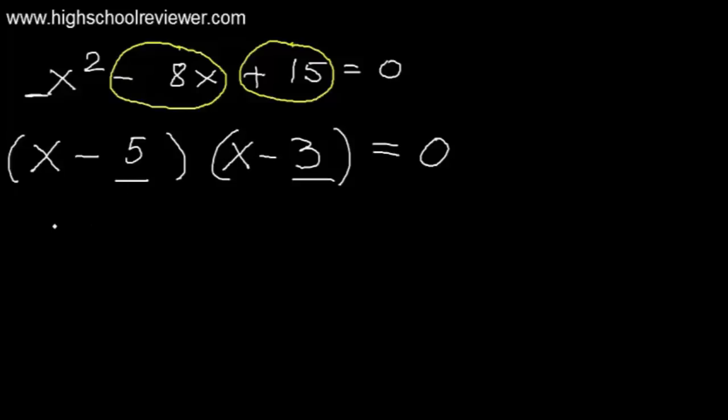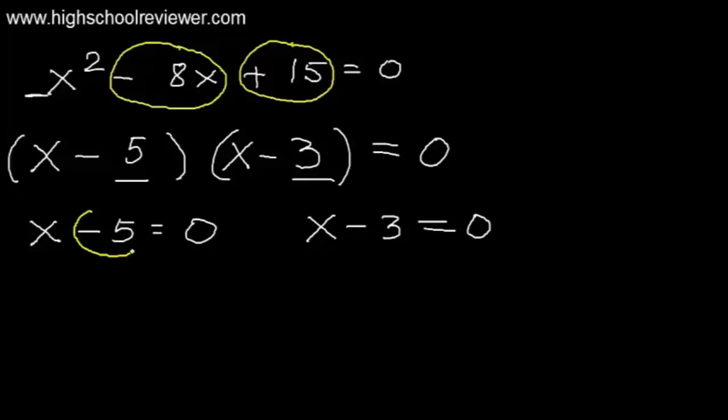So we have now the two factors. Let us find the values of x. The first value of x will be x minus 5 equals 0, and the second value will be x minus 3 equals 0. To find the value of the first x, or x sub 1, we need to transpose or transfer negative 5 to the other side.